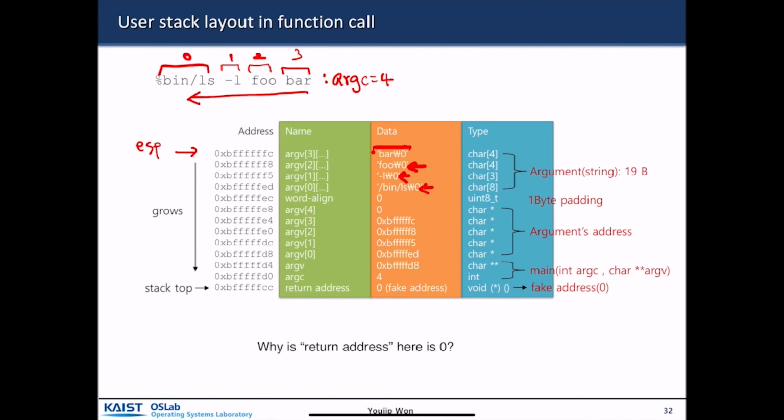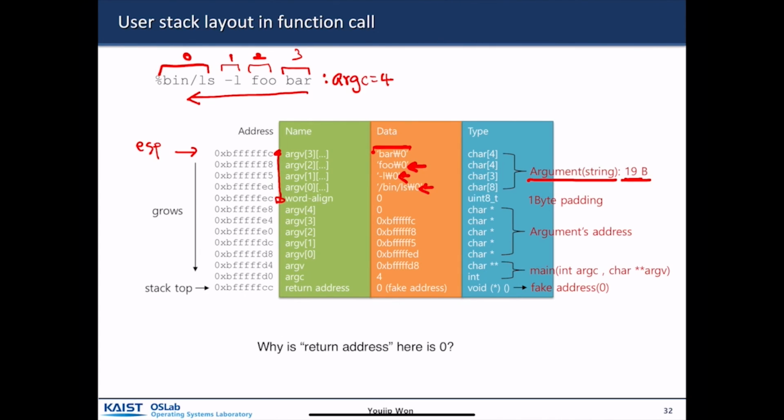The important thing is that you have to align this with 4 bytes, because this argument string is 19 bytes.